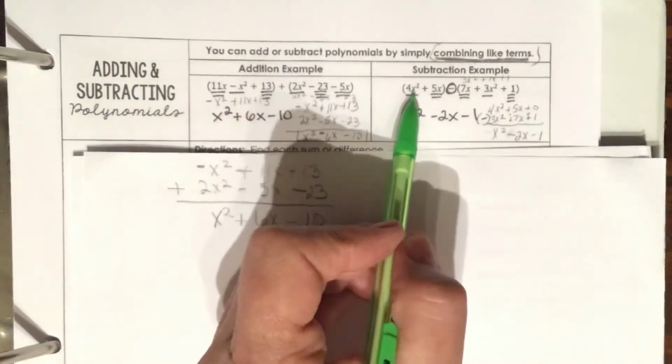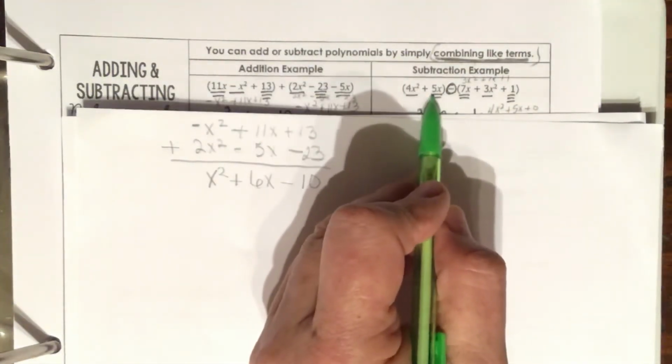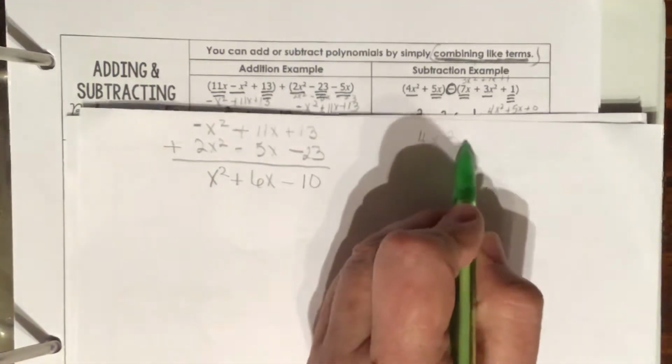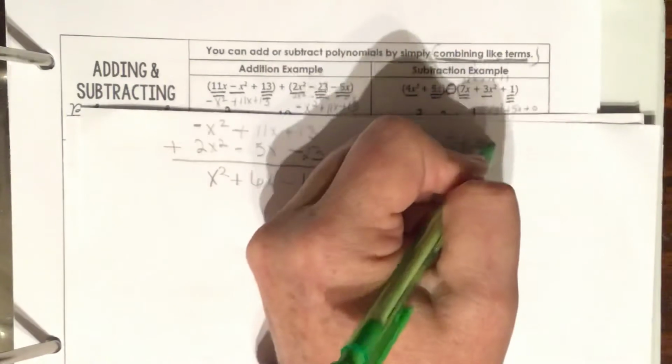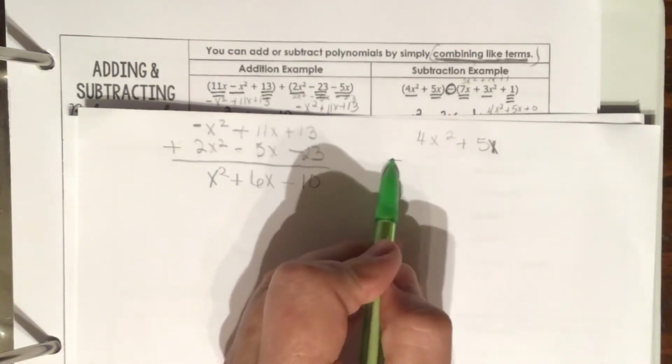This one right here, 4x squared minus 5x. So you have a 4x squared plus 5x. And you're going to subtract. Do you see this is an x? You've got to be careful about that. You're going to subtract.